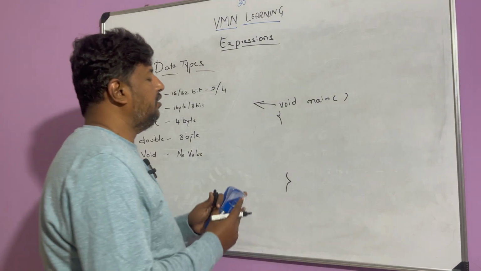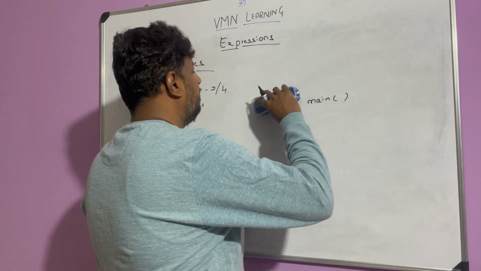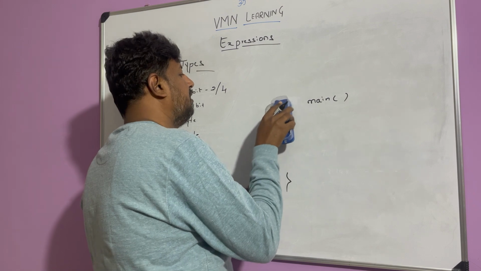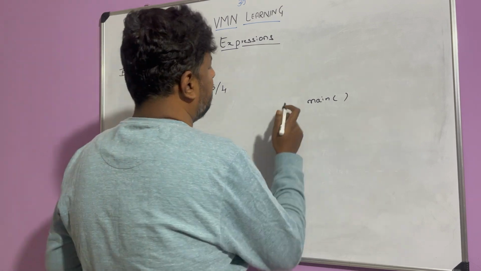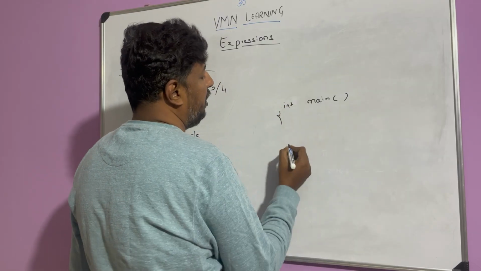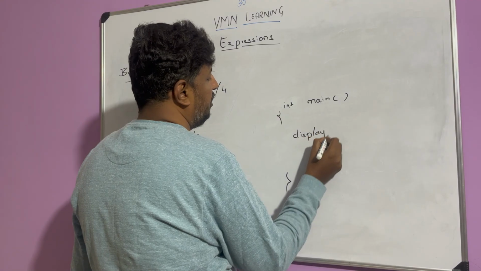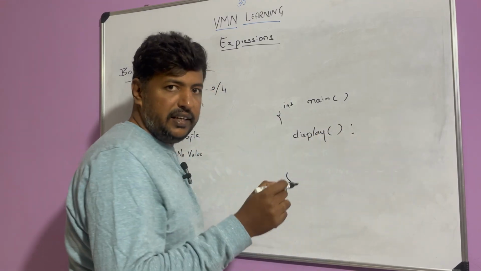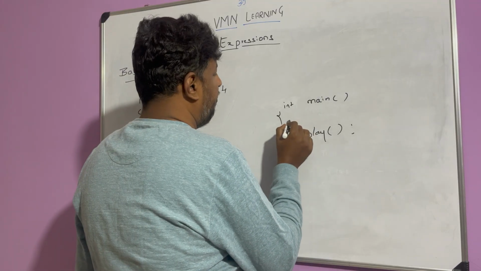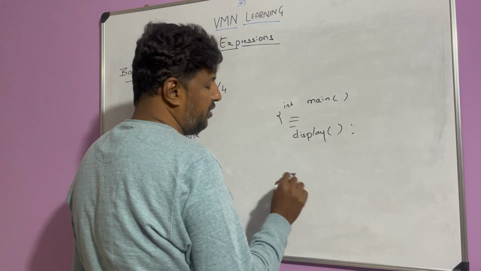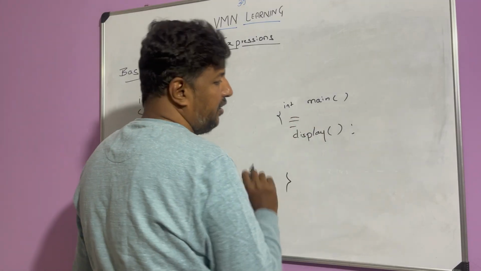Now, why is it needed? Let's say there is a function called int main, and we are calling it. Inside this I will do some steps and I will display it. That's the end.